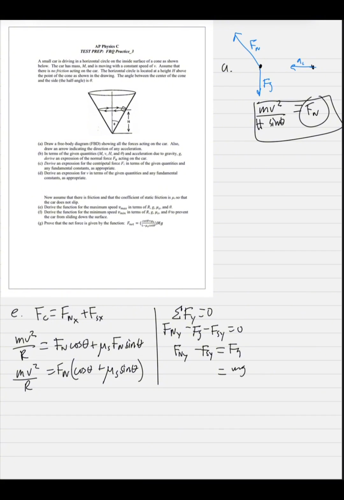So by expanding it, and then isolating Fn, we can now plug it back into our original equation in here.